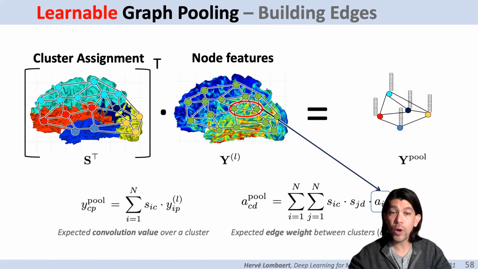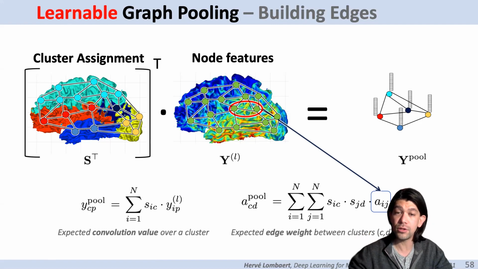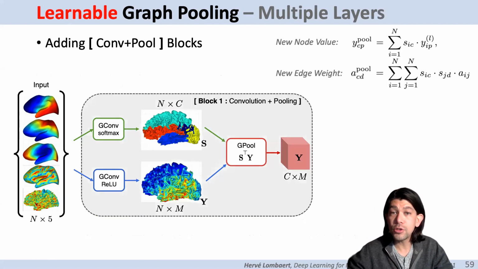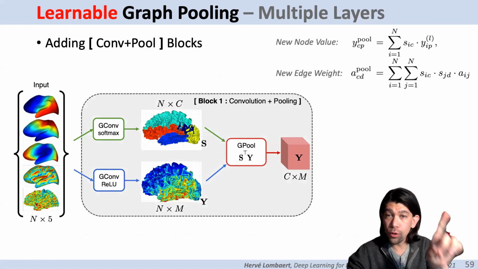So now we have one way to build a node, and one way to put a weight on the new edge in the new layer. We have a way to build new nodes and new edges, and that constitutes one block of convolution plus pooling.